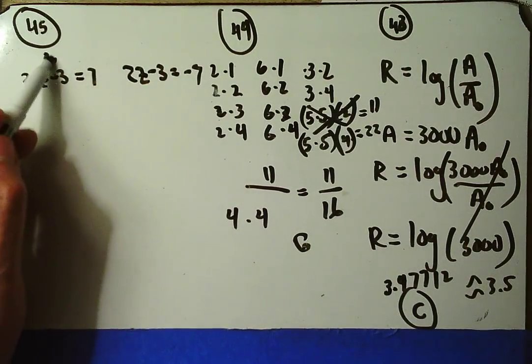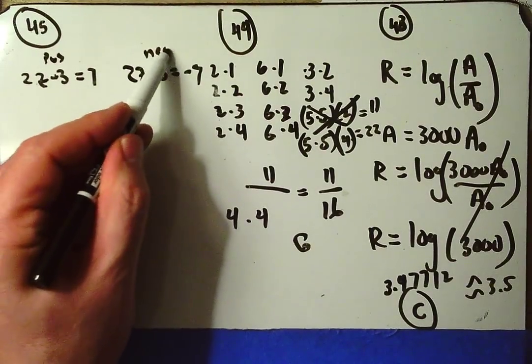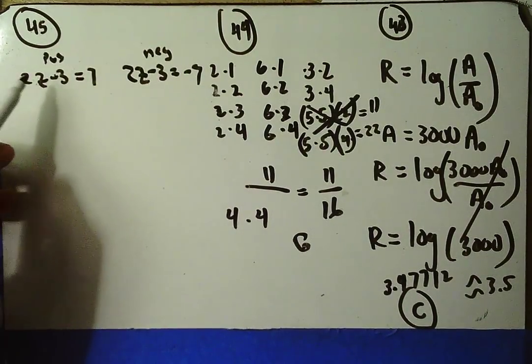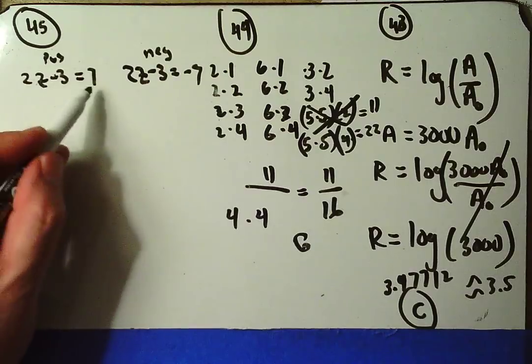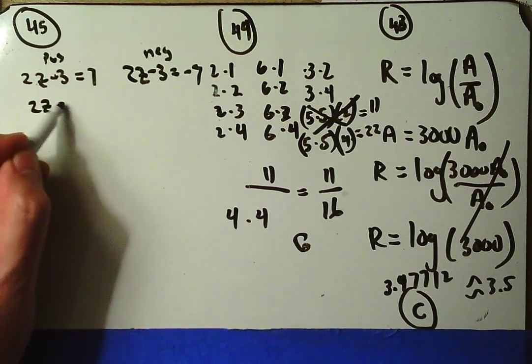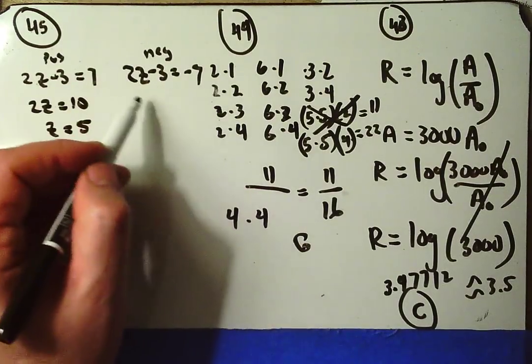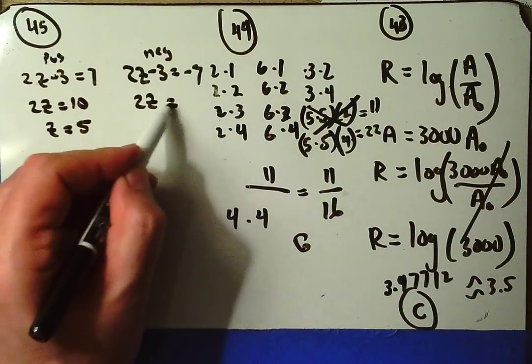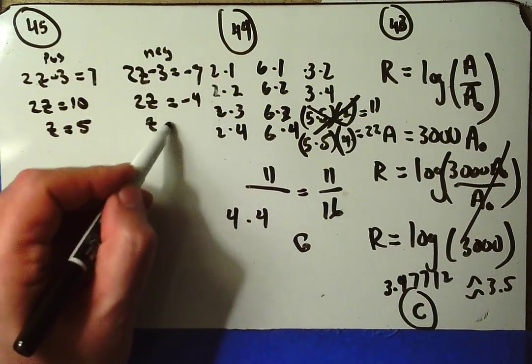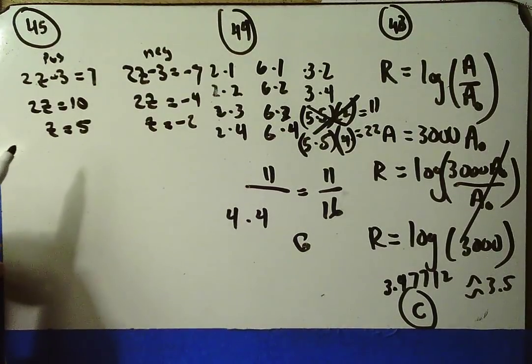I've got the positive component, I've got the negative component, and I'm going to add 3 to both sides and get 2z equals 10, or z equals 5. I'm going to add 3 to both sides. I get 2z equals negative 4, or z equals negative 2.